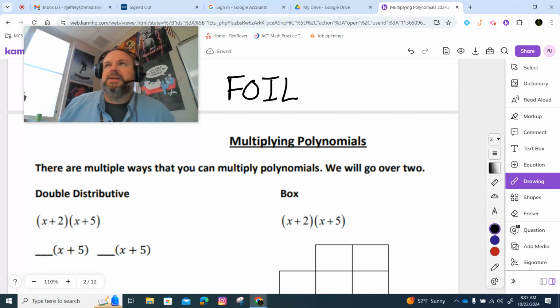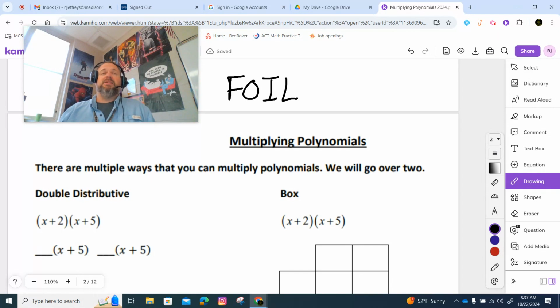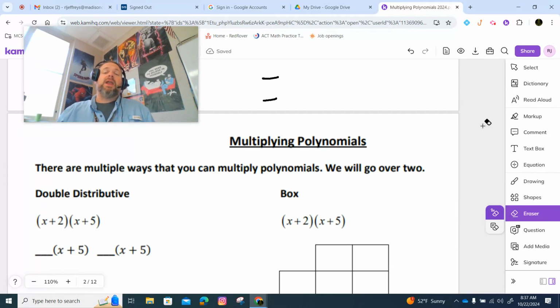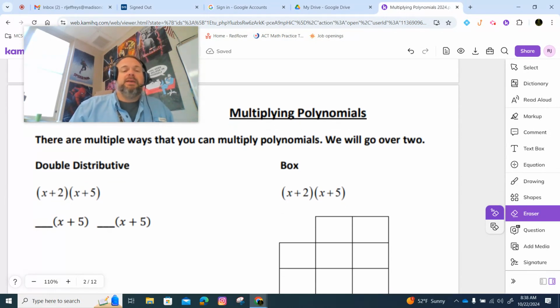It stands for something else. If you know that method, you can use that method. There's something else that's like an X method. If what I show today does not work for you and you find another method, by all means use it.